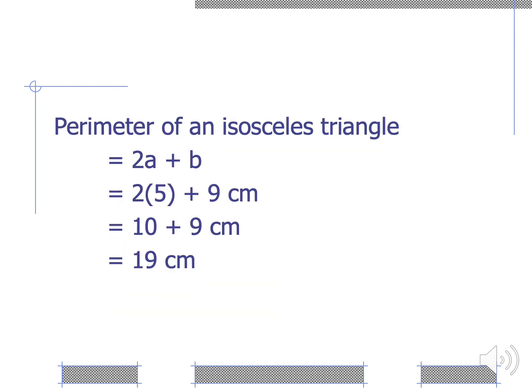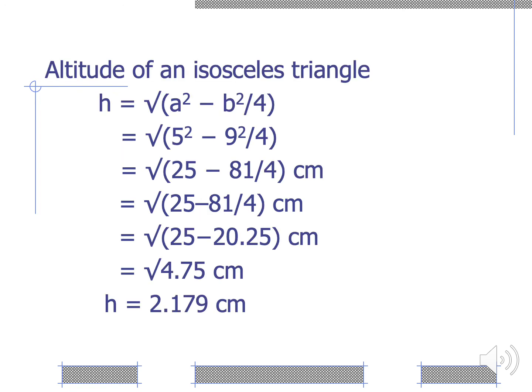Plus 9, or that's twice of 5 plus 9, or that is 19. And if you're going to find the altitude, h is the square root of the difference of a squared minus b squared over 4. So do some algebraic manipulations, simplify that, and your final answer is 2.179.